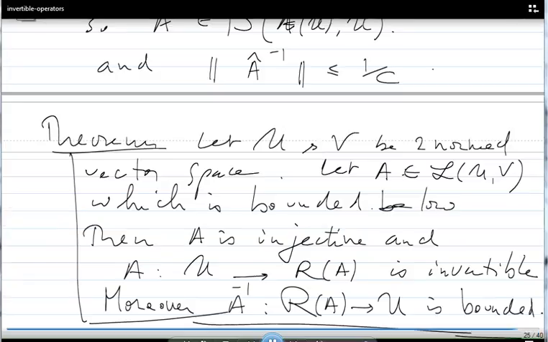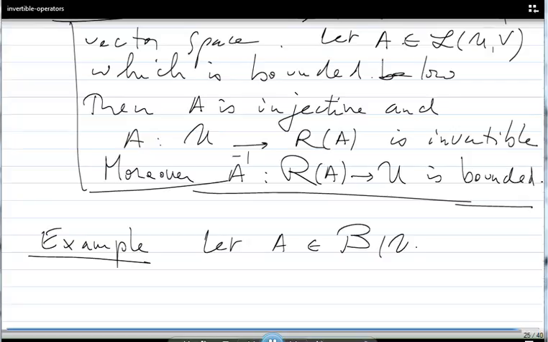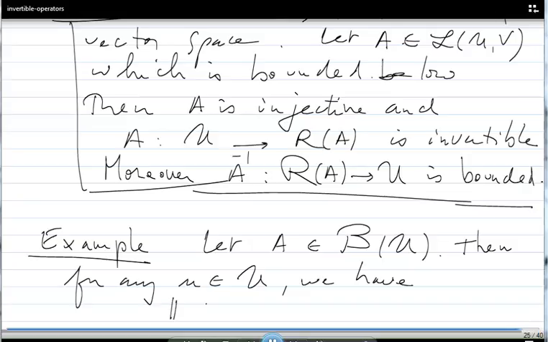Let's take an example of such a map. Let A be a bounded linear operator defined on a vector space U. Then for any u in U we have the norm of Au is less than or equal to the norm of A times the norm of u.